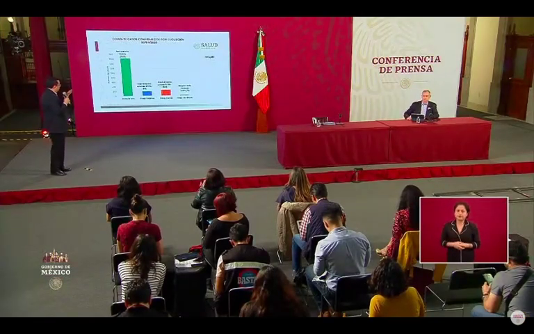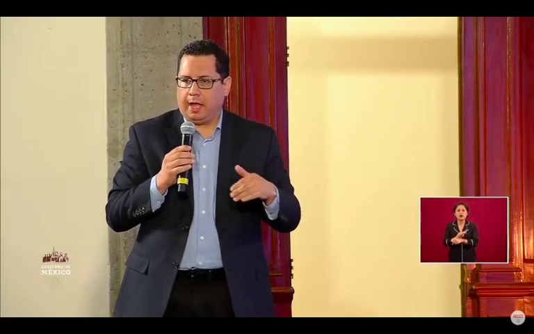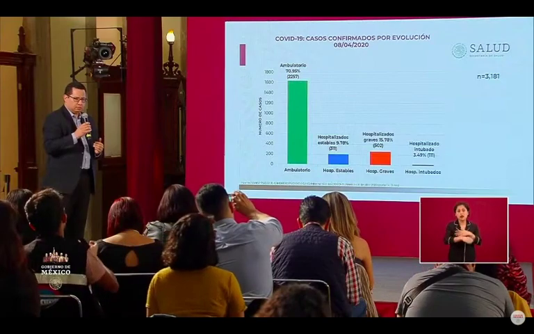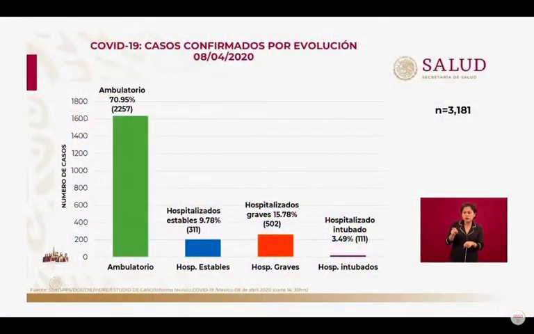In the next slide we can see the clinical state of patients at the moment of their admission at the hospital facilities. So we have 70% of outpatients, most of them. Stable hospitalized patients, we have 9.78%.